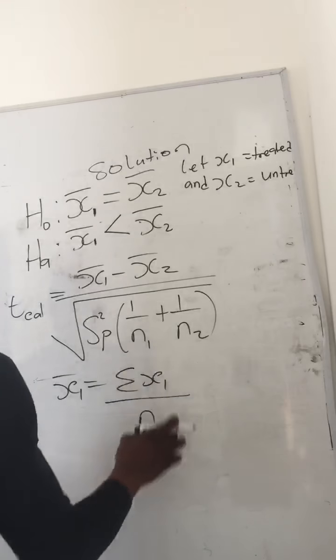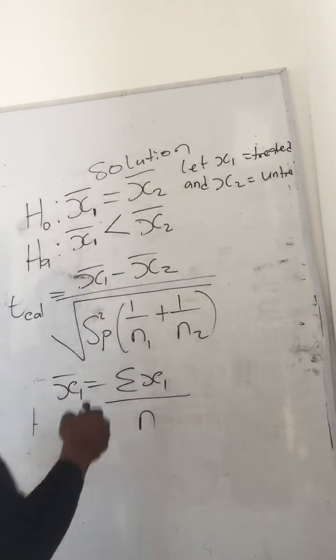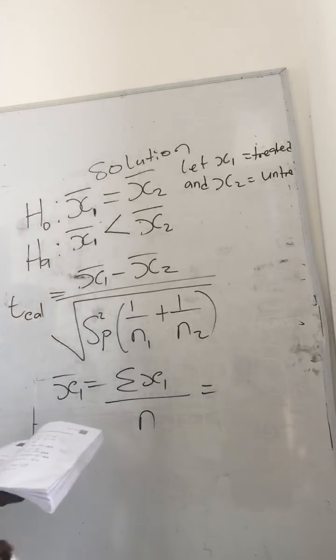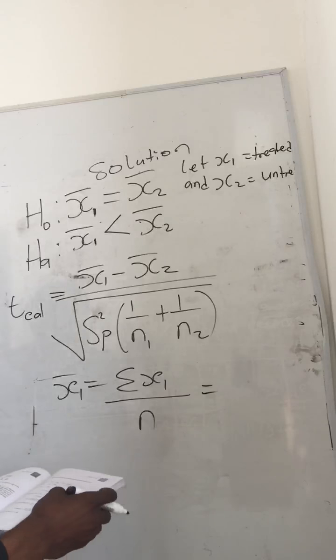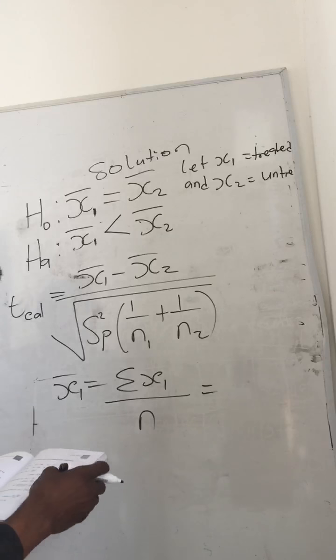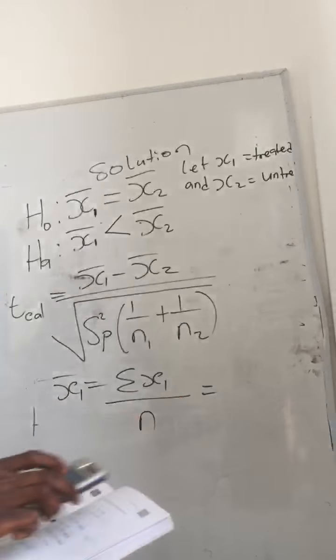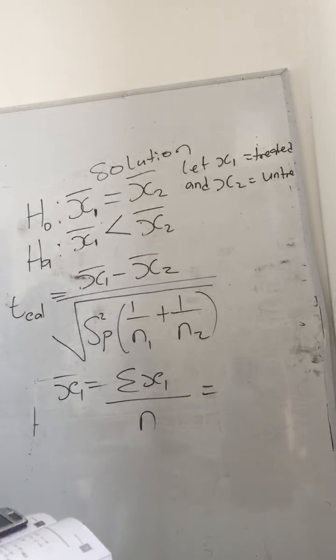The summation of S1 over n gives us the mean of the first one. If you sum it on your calculator, you obtain the summation of S1. You can use a calculator to do that. Input the S1 values.